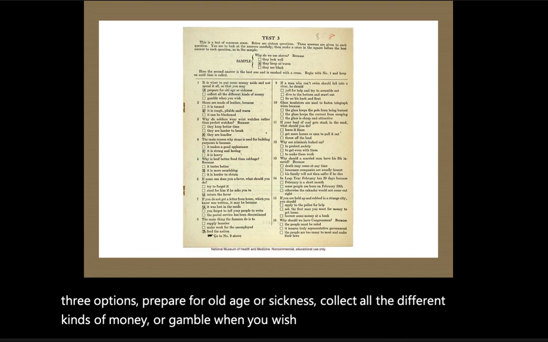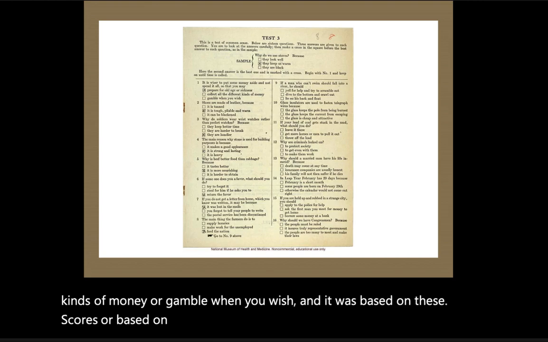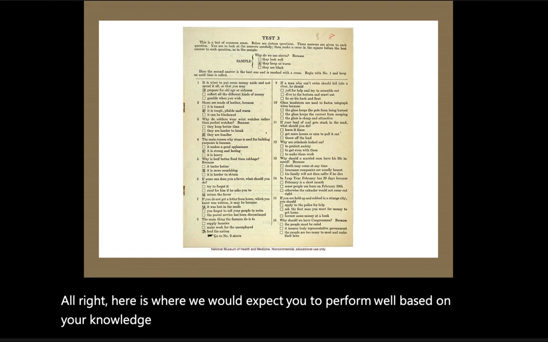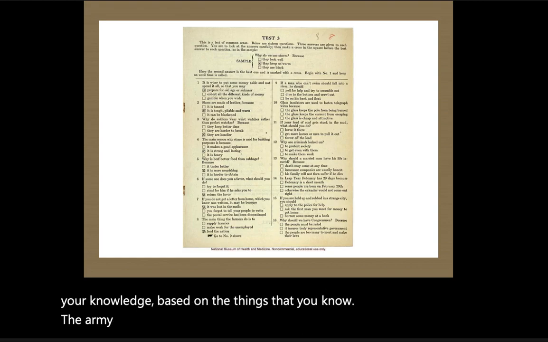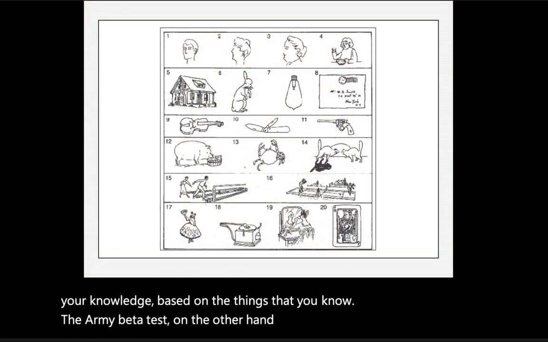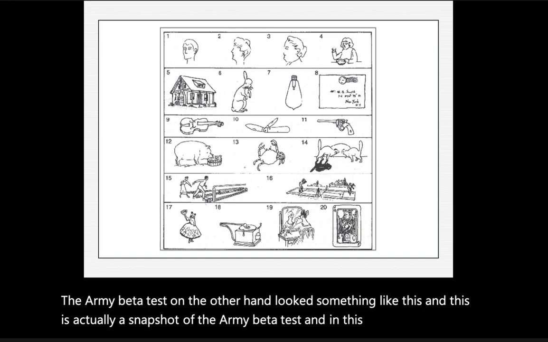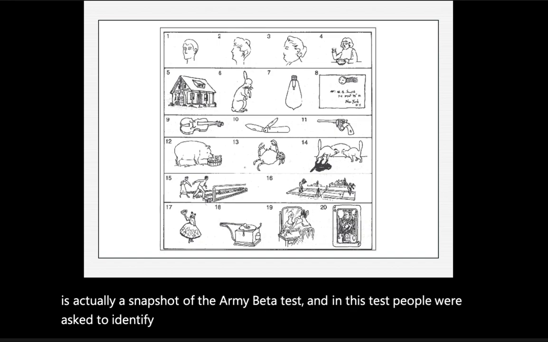It was based on individuals' responses that the Army was able to say, all right, here is where we would expect you to perform well based on the things that you know. The Army Beta test, on the other hand, looked something like this. This is a snapshot of the Army Beta test. In this test, people were asked to identify the objects that are missing in each image.